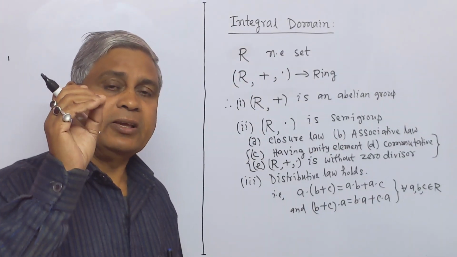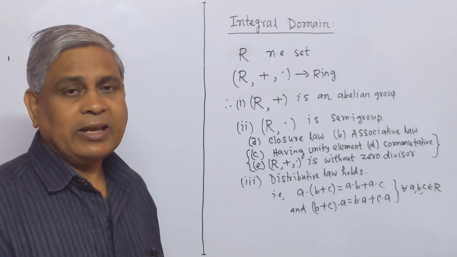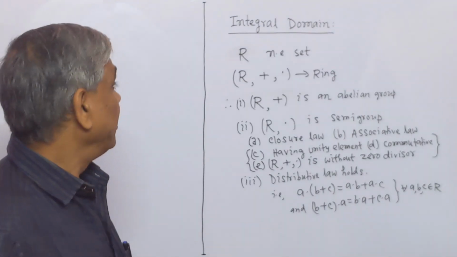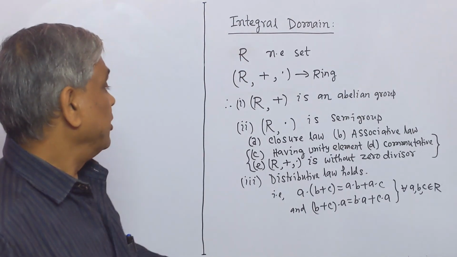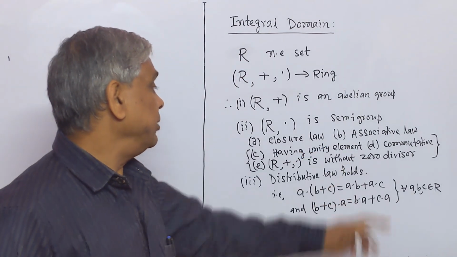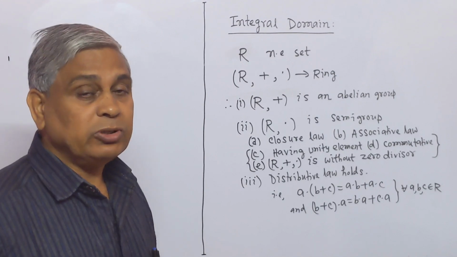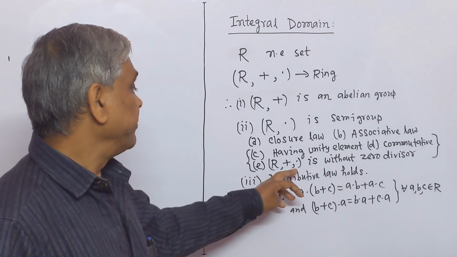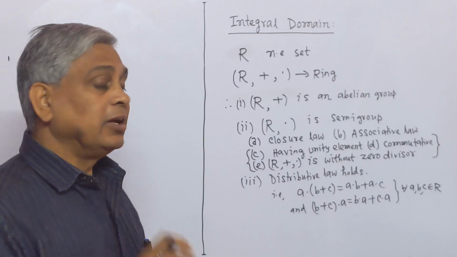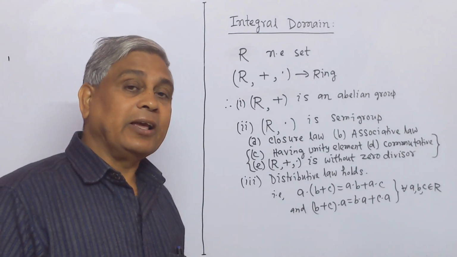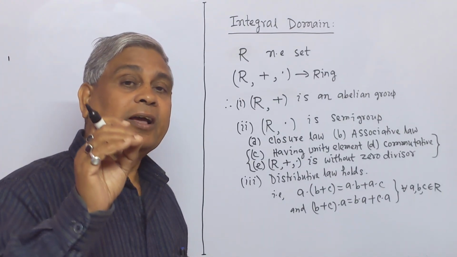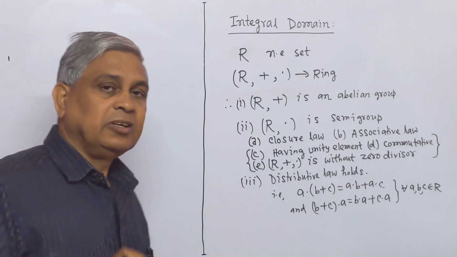Then we may say that a non-trivial ring R with unity element, commutative, and without zero divisor, is called an integral domain.